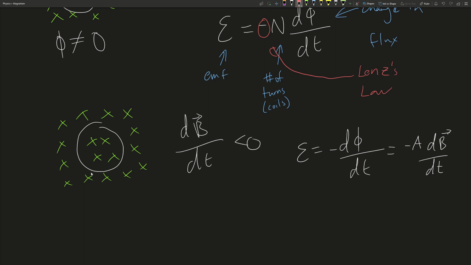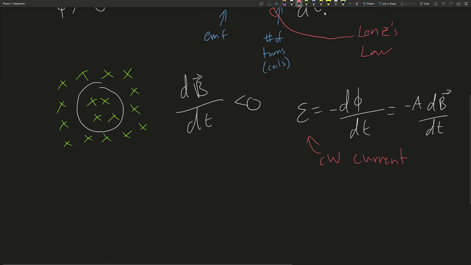Because if the magnetic field is decreasing, then the EMF has to create a magnetic field to counteract the decrease of the original magnetic field. And so since the magnetic field is going into the page here, and it's decreasing, this EMF will have to create a magnetic field going into the page to counteract the decrease. And so if the magnetic field is going into the page, we know by the right-hand rule that this EMF is going to create a clockwise current in this scenario.